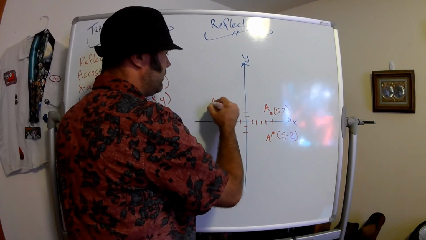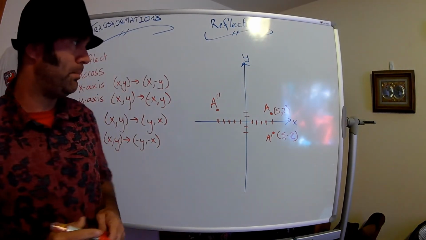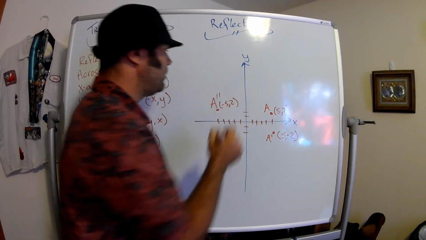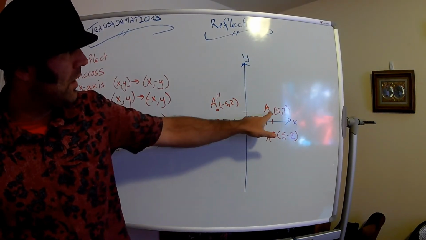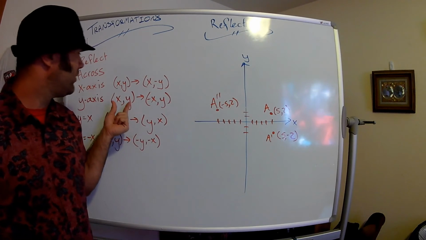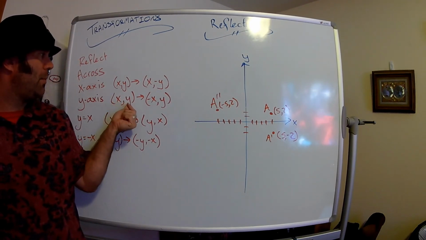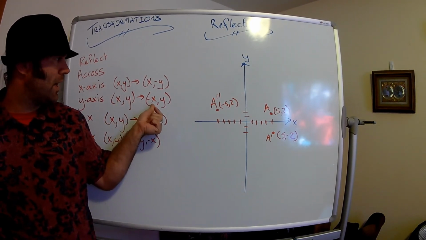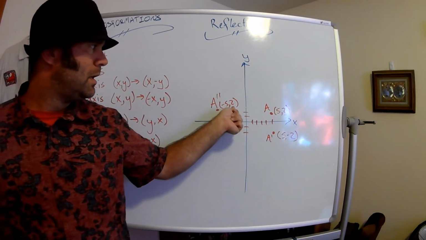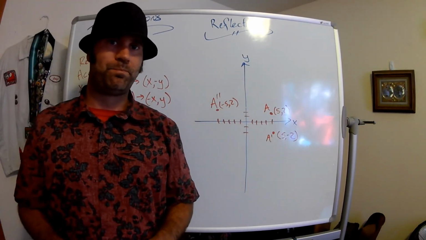And there it is. We're going to call it a double prime. And that is negative 5 comma 2. And that point is now reflected across the y-axis. And does that hold up? X comma y became negative x comma y. The x changed sign, but the y stayed the same. So this is correct.